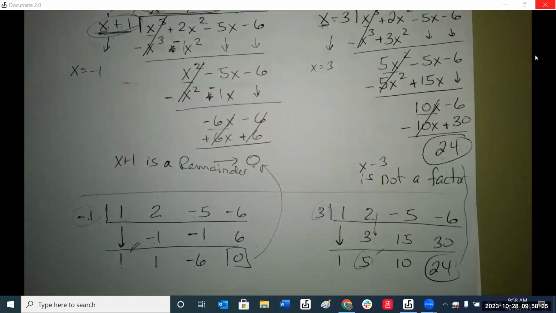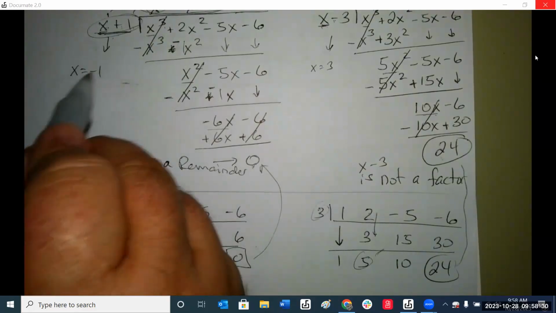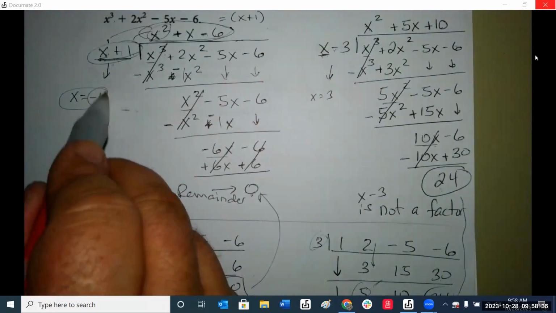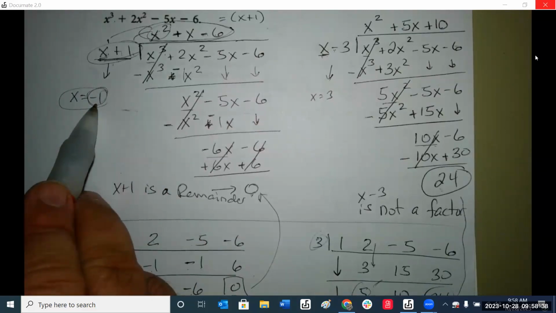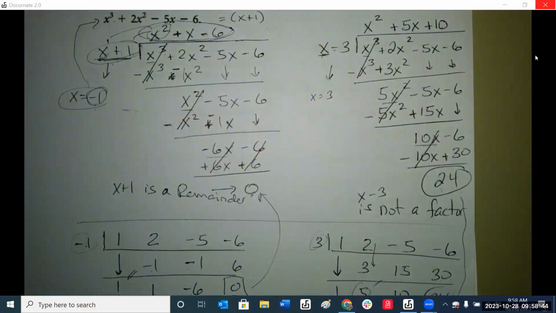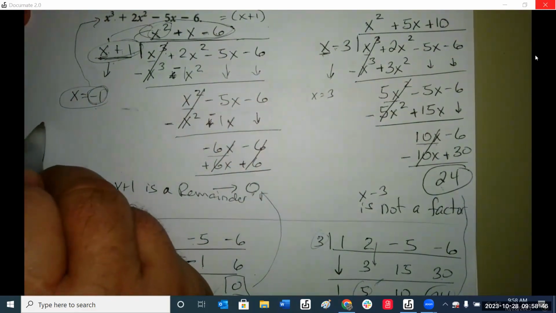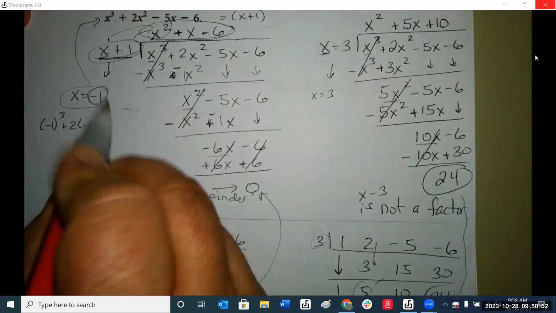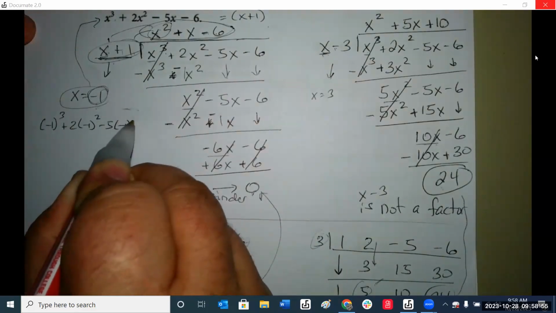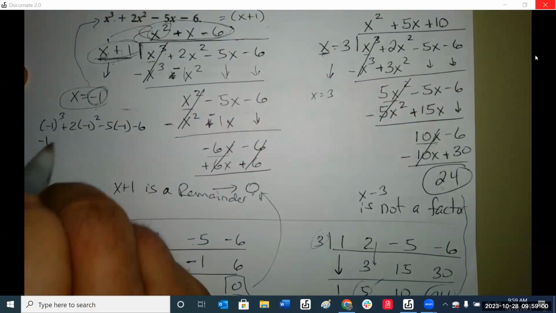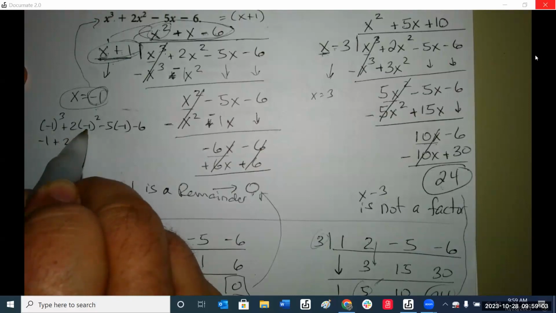Okay, there's a third way we could do it. When we took the equation, set it equal to 0 and solve for it, if we took this value here and plugged it inside there, negative 1 cubed plus 2 times negative 1 squared, I just put inside the function. Negative 1 cubed is negative 1. Negative 1 squared is 1.